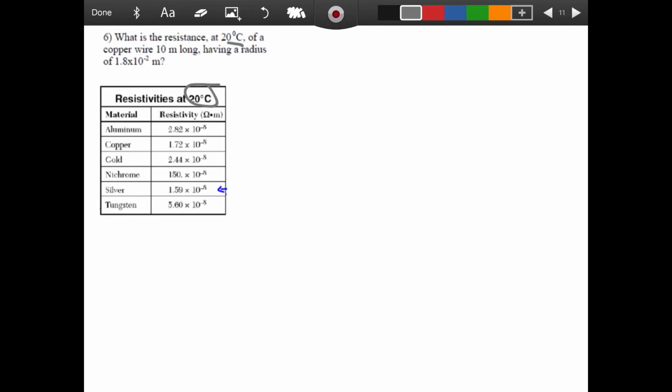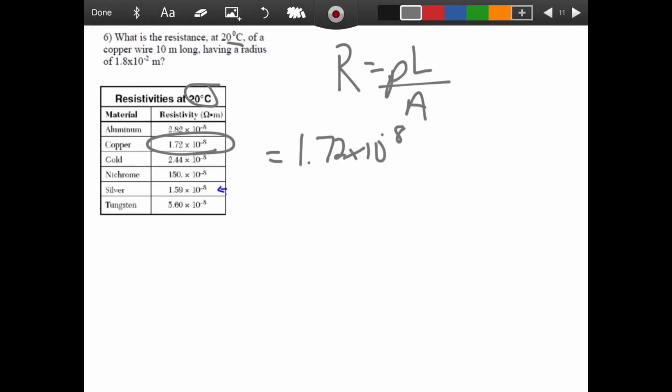So here, the formula we're given, resistance is equal to resistivity, Greek letter rho, times length over area. And we look on the chart, we're talking about a copper wire. So I'm going to use this number. Now we're going to plug in. And now it gives us our radius, so we actually have to calculate what the cross-sectional area is.